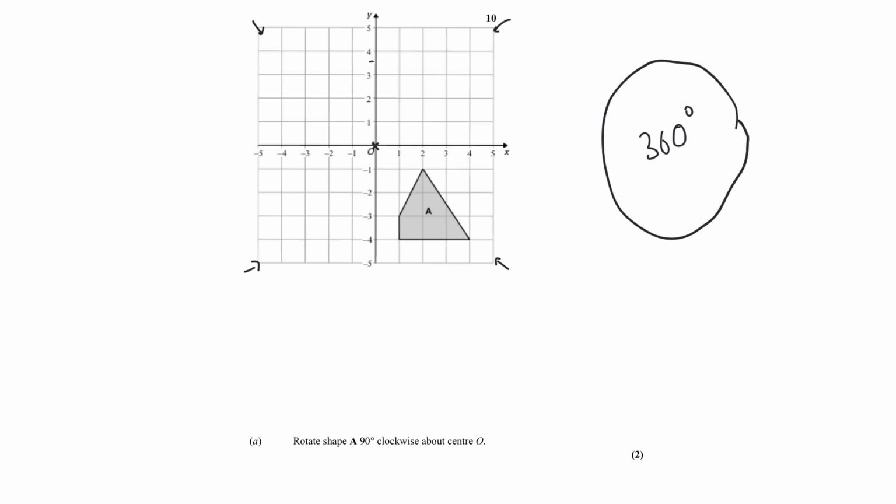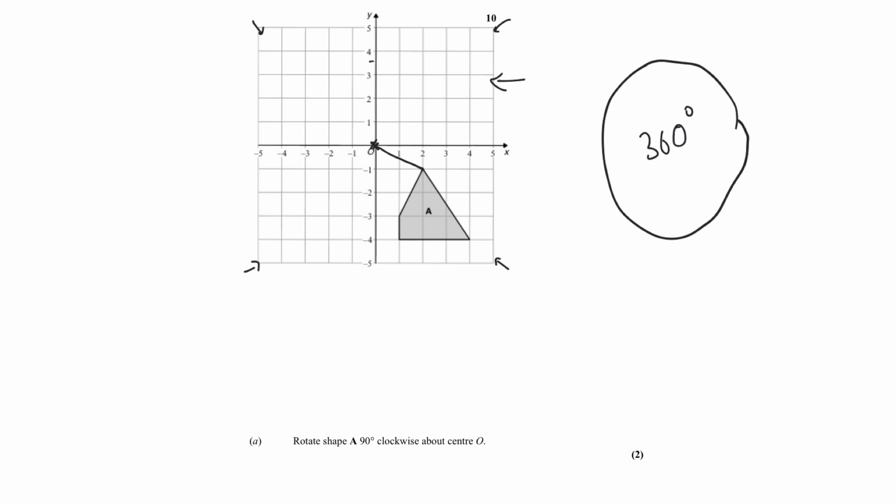So now moving on with this question, we know that the shape will end up in this box, but we need to know exactly where it's going to be because it's about a center. So what we need to do is draw a line from the center to at least one of the points on the shape.